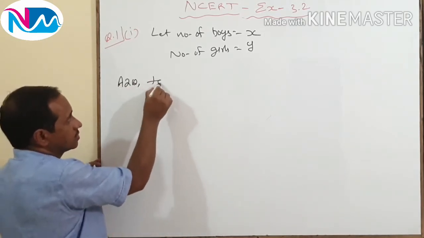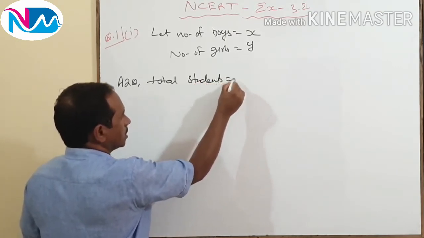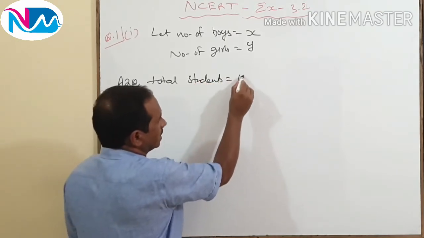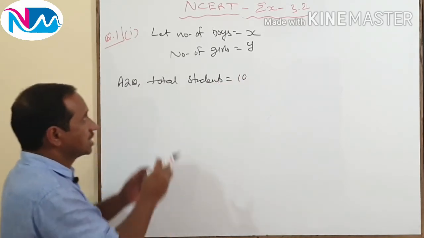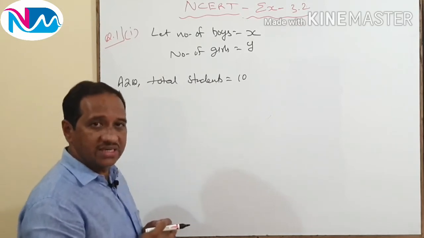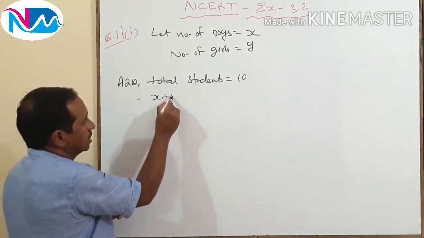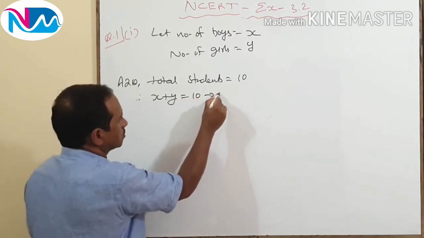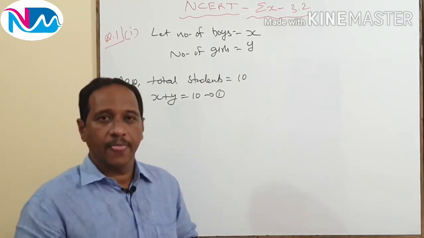According to the question, total students is equal to 10, which is the sum of the boys and the girls. Therefore, we can say that x plus y is equal to 10, which is equation number 1.